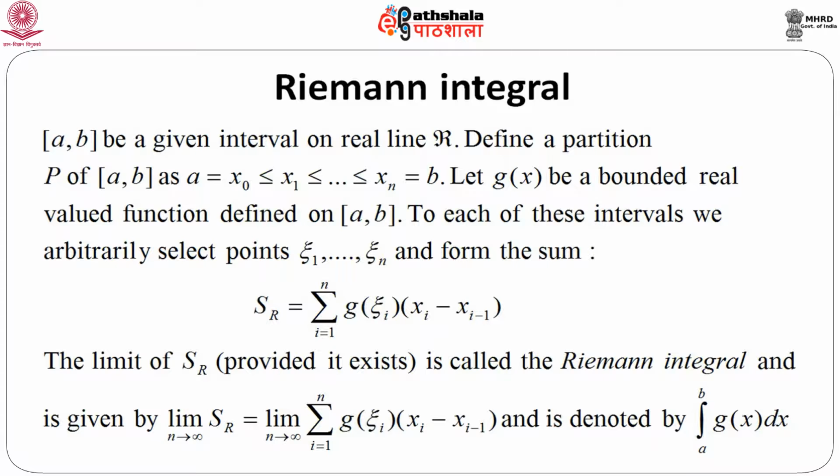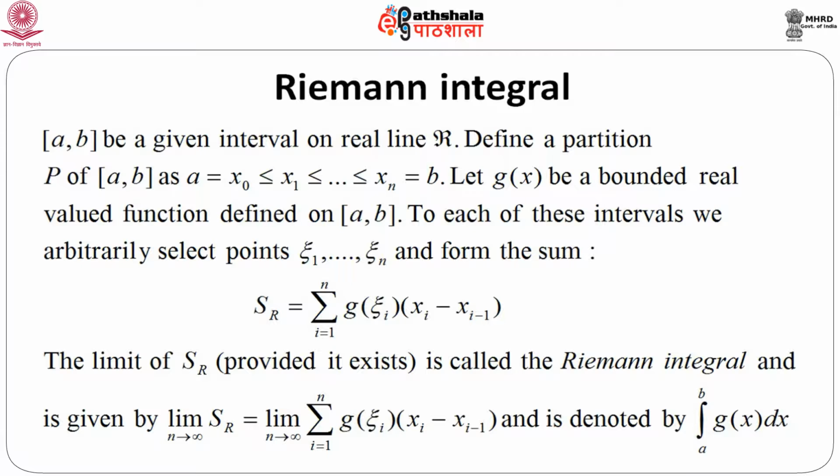That means we are considering the value of g at these arbitrary points xi i and multiplying it with the ith sub interval, x i minus x i minus 1, and taking the sum of this entire quantity.